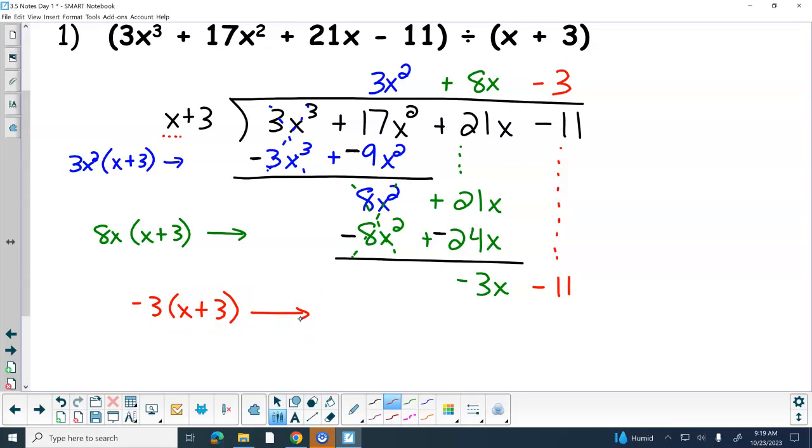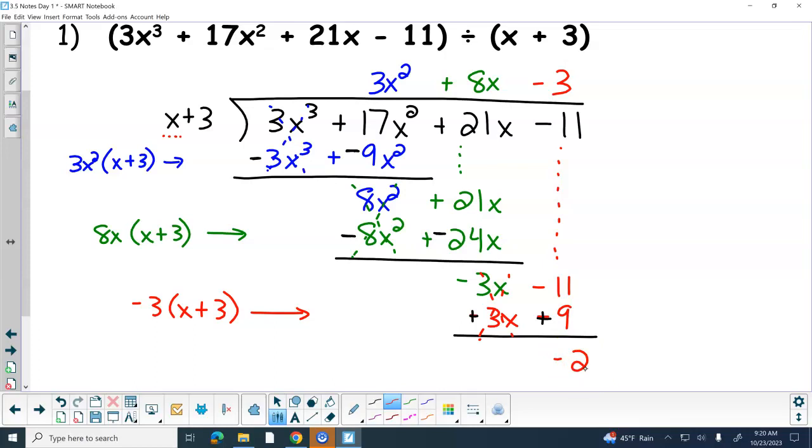So then this would be negative 3x minus 9. Change. Negative 3x plus 3x makes it go away. Negative 11 plus 9 is negative 2. Okay?